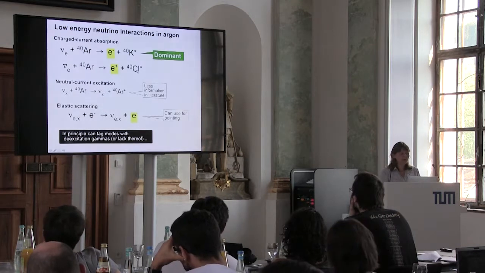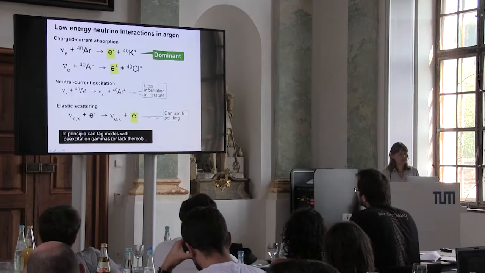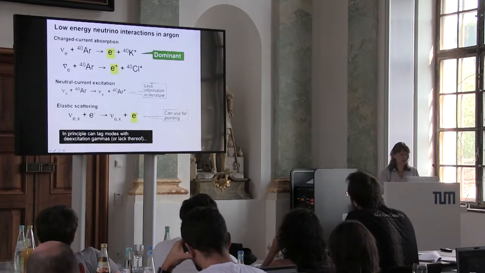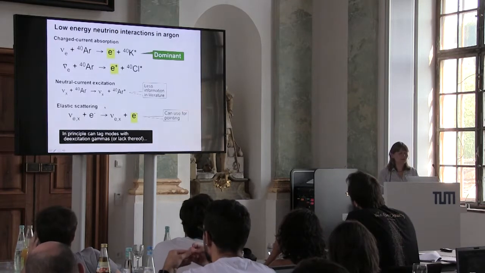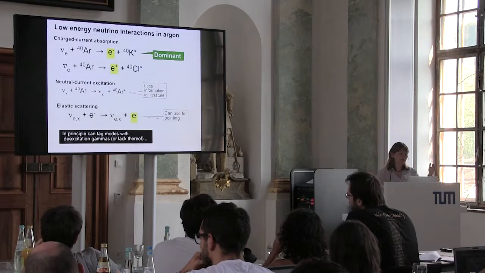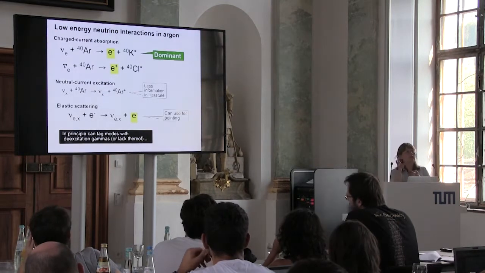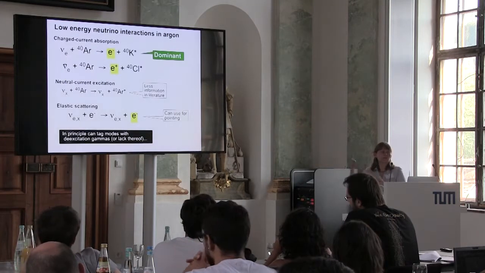There is a channel for antineutrinos. There's less information, though improving, about neutral current excitations, and there will also be elastic scattering of electrons, although at a lower threshold, and you can use that in principle for pointing, just as for Cherenkov detectors, except that your pointing mechanism is by actually tracking the electron.